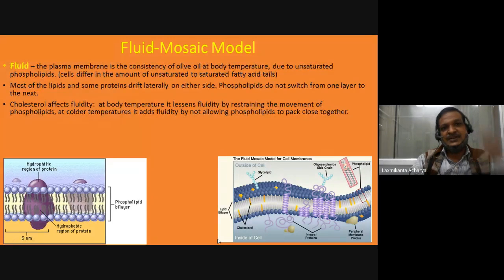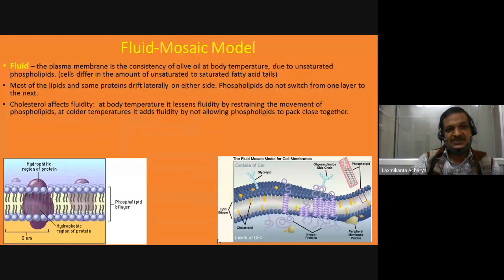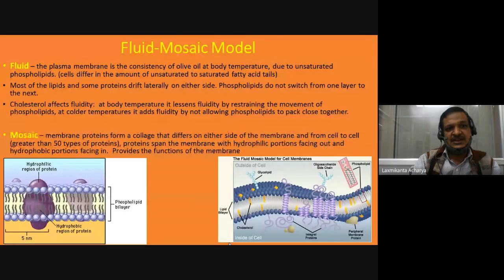So the plasma membrane is like olive oil at body temperature, due to the presence of unsaturated fats, and cholesterol affects the fluidity. Different membrane proteins are present over the plasma membrane and inside it. Some are attached to lipids, and some are attached to carbohydrates.